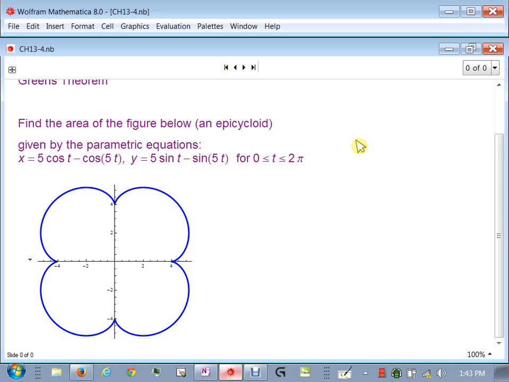We can do the one we just did, which was the line integral over C of x dy. That'll give you the area. Or you could do the line integral over C of negative y dx, or you could do that third one, which is a combination of both. Just for the sake of this example, why don't I use the second one so we can see it being used, all right?